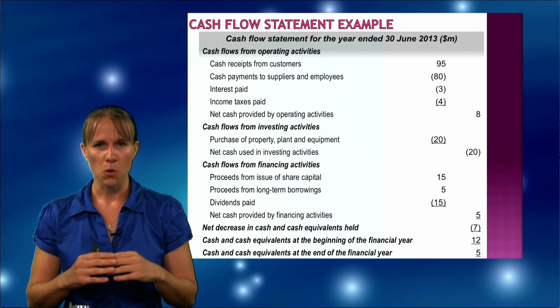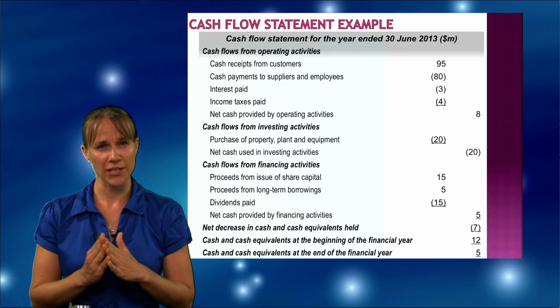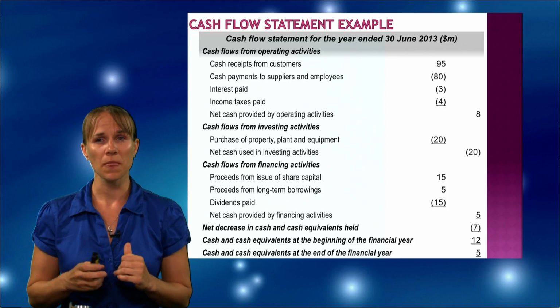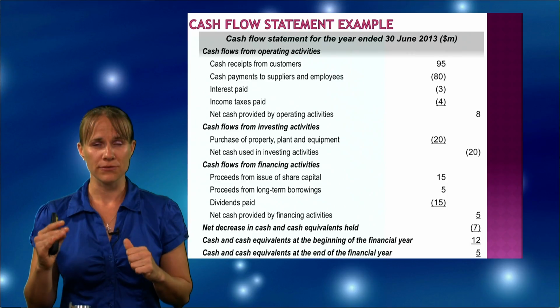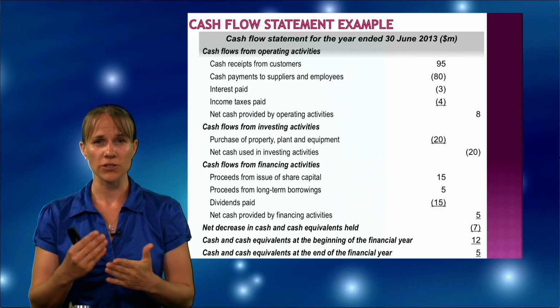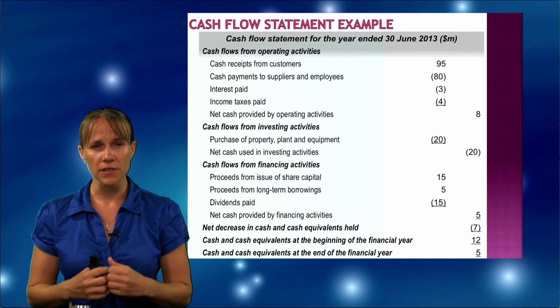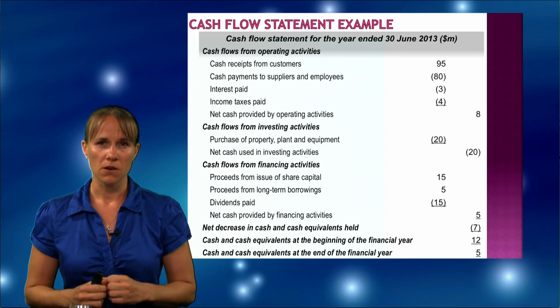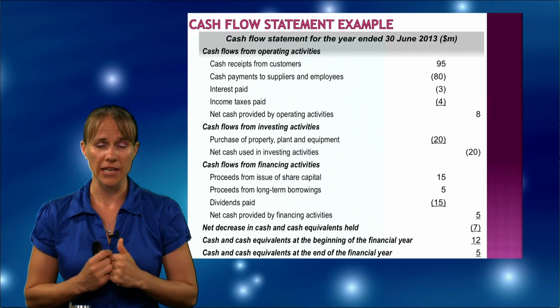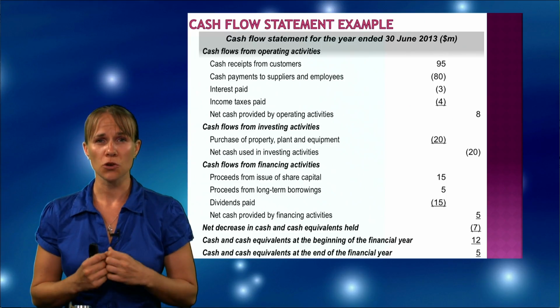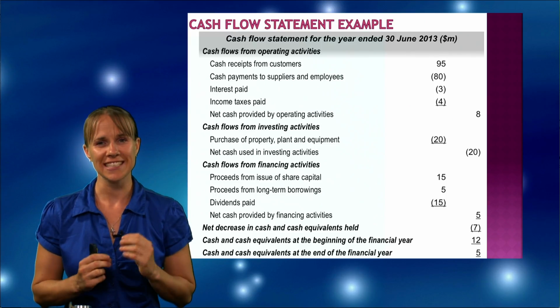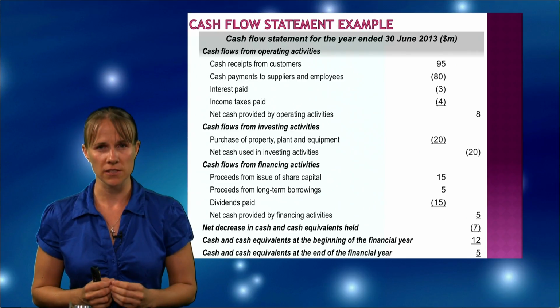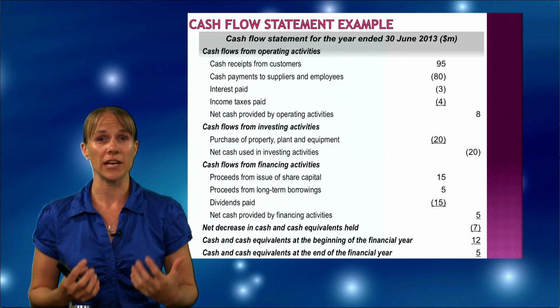From there, we display our cash and cash equivalents at the beginning of the year, and then we add that figure onto our cash increase or decrease to derive our cash and cash equivalents figure at the end of the year. With that figure at the very bottom of the cash flow statement, you then cross-check that figure with your ending cash balance on your balance sheet. So it acts like a bit of a check figure.